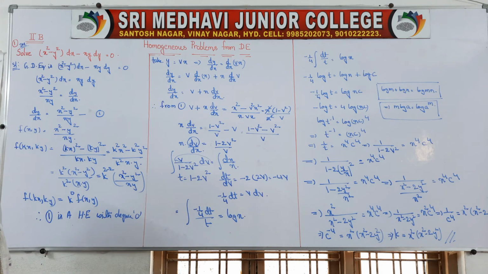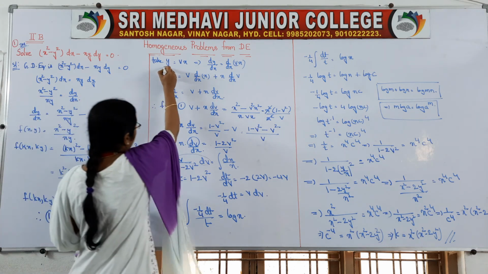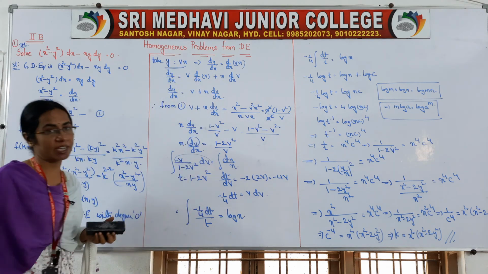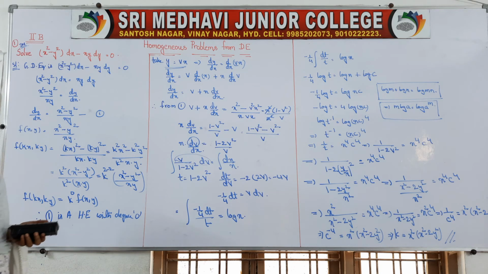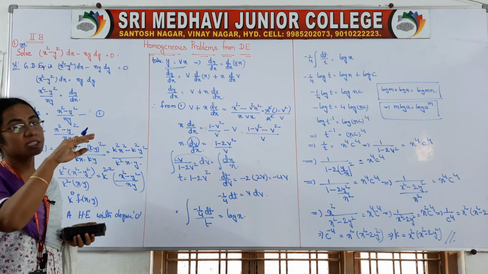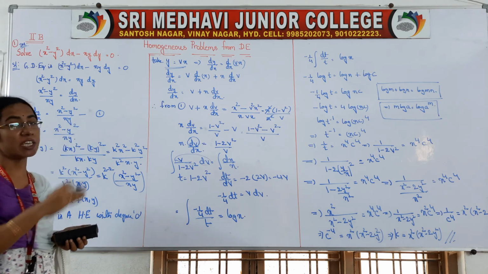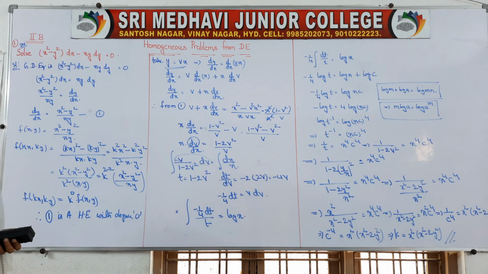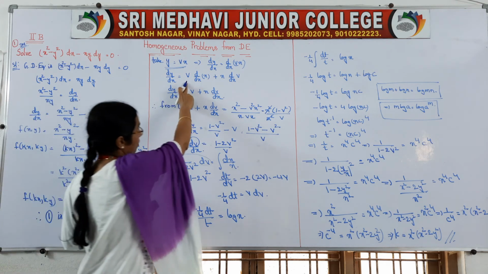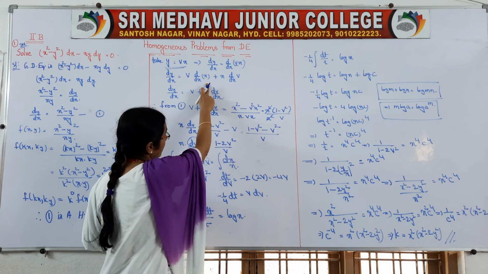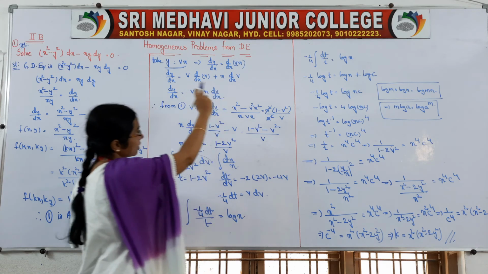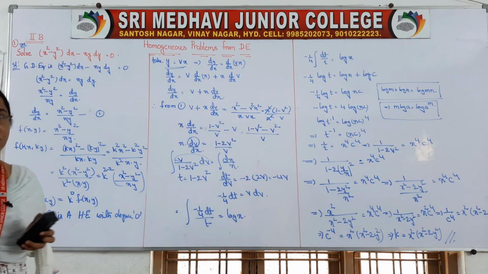Okay, once it is homogeneous, we have to take y is equal to vx. Then differentiate: dy by dx is equal to d by dx of vx, a product of two terms. Keeping the first term as it is, differentiating the second term; keeping the second term as it is, differentiating the first term.